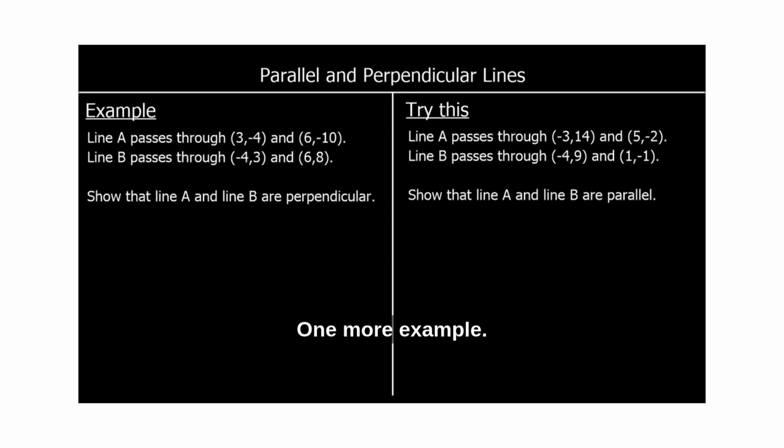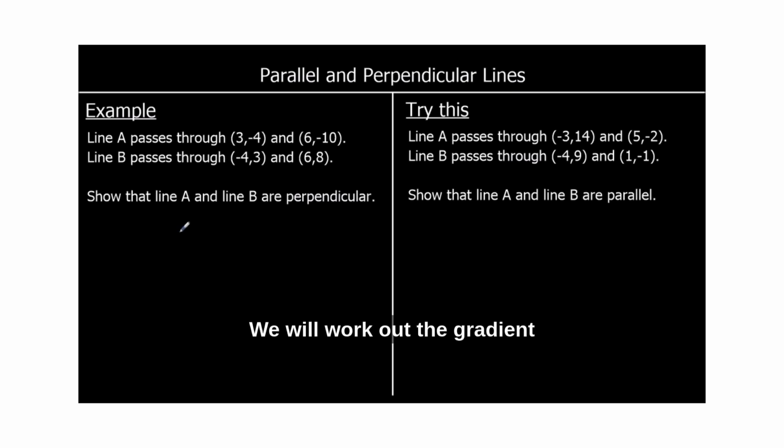One more example. We've got line A passes through (3, -4) and (6, -10). Line B passes through (-4, 3) and (6, 8). Show that line A and line B are perpendicular. So we're going to work out the gradient of line A and the gradient of line B, and then show that they multiply to make negative 1, or show that one gradient is a negative reciprocal of the other gradient.